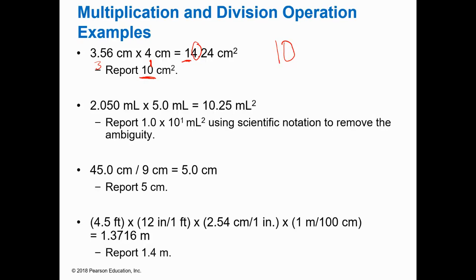Do not do anything from the end. We're only paying attention to the one right after the sig fig we're keeping. So here I've got 4 and 2. I'm keeping 2. They put 1.0 times 10 to the 1, or you can put 10 point, because remember, if there's a trailing 0 with a decimal, it counts.